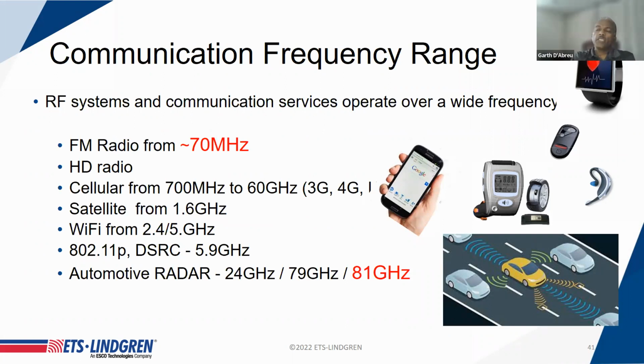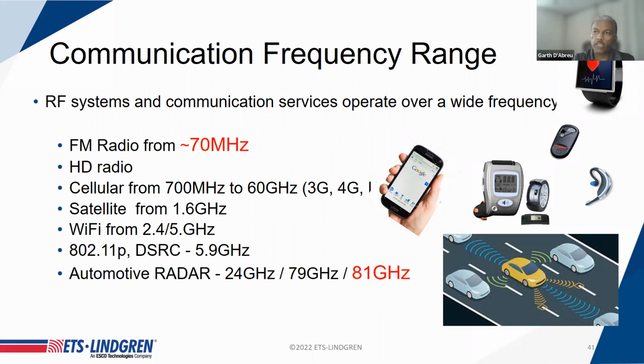So one of the first things that changes is the frequency range. Before, we were concerned with everything from AM all the way through to televisions and satellite communication. I think that was where we got up to the highest frequencies, and that included cell phones that were down in the 400, 600 megahertz band.